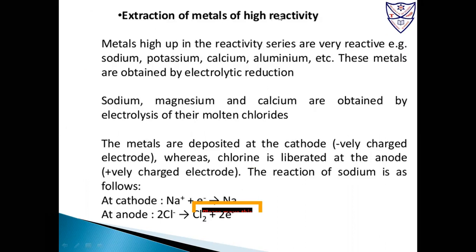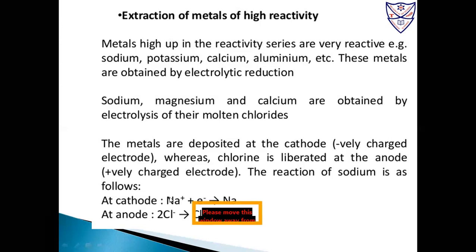Next one is what? Extraction of metals with high reactivity. What are the highly reactive ones? Sodium, potassium, calcium, aluminum are in the high reactivity series, and these are extracted by electrolytic reduction. So what you can see here, at the cathode, which type of ion will be there? Cathode attracts cations and anode attracts anions. So hydrogen and sodium both are there. This one is sodium, right?